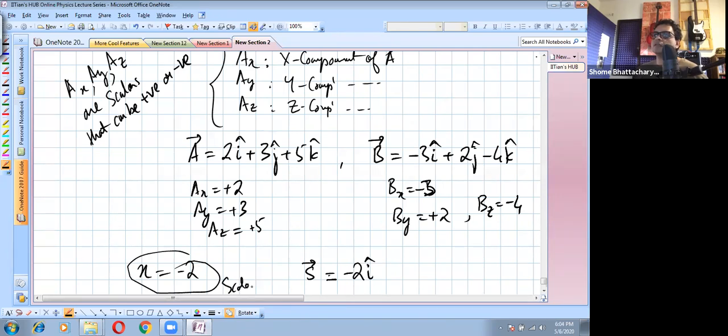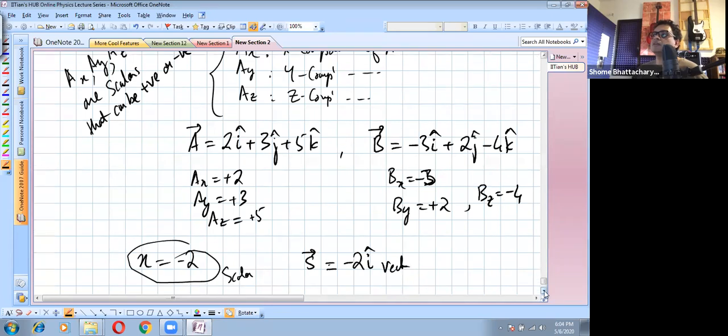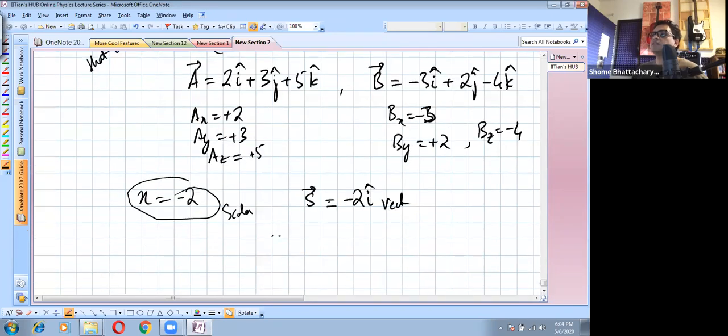So this is a scalar, this is a vector. If I say that the change in velocity or change in speed is minus 2 meters per second, that means the speed has decreased by 2 meters per second. So which kind of quantity is this? It's a scalar quantity. So scalars can be negative.